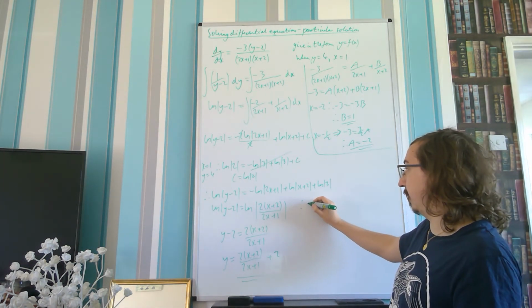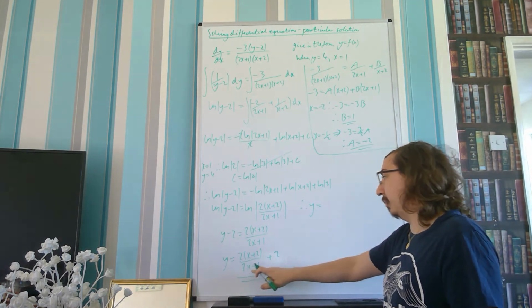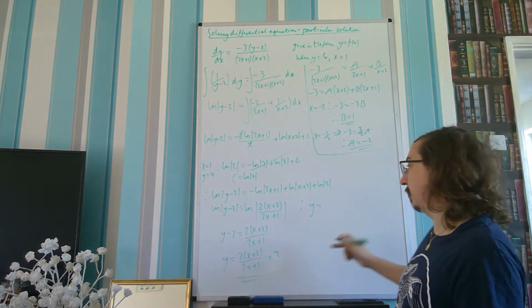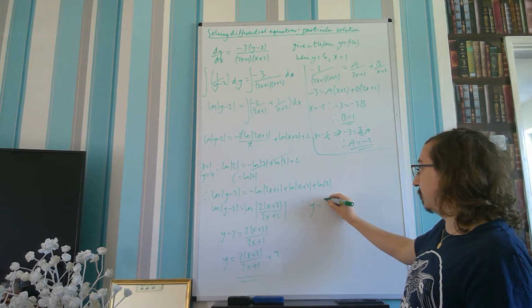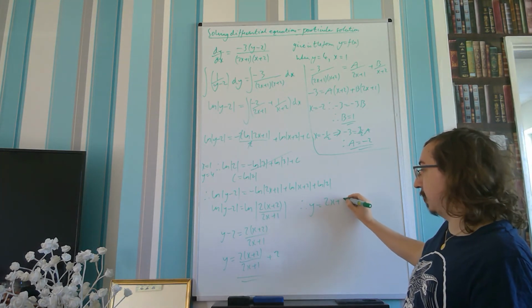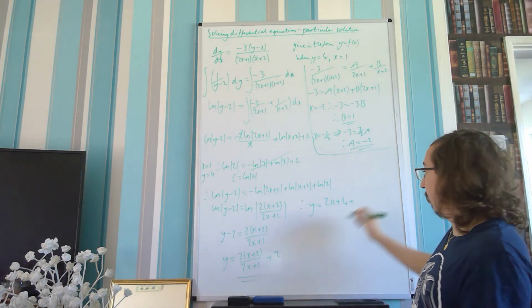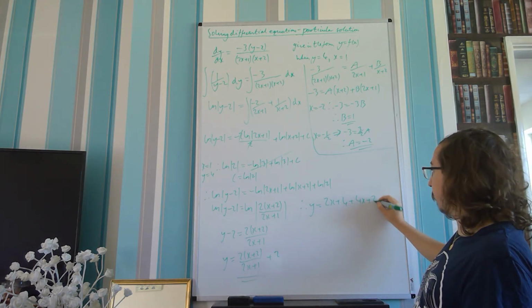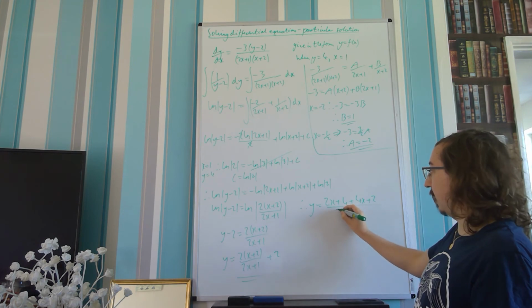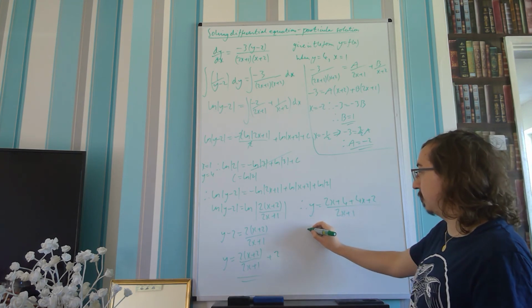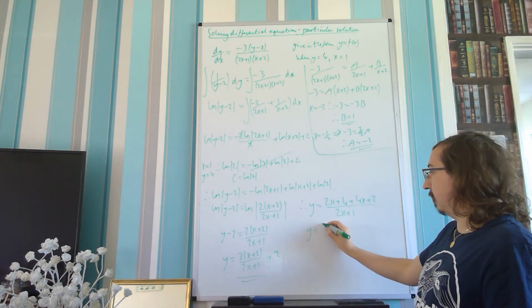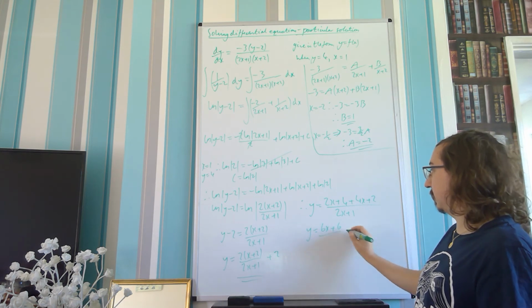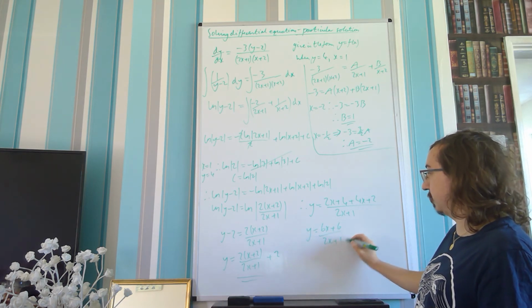So we can do that. And we can multiply the 2 by this, so we've got a common denominator, multiply out the bracket, so you get 2x plus 4 plus 2 times (2x plus 1), so you get 4x plus 2, all divided by 2x plus 1, which is 6x plus 6 over 2x plus 1.